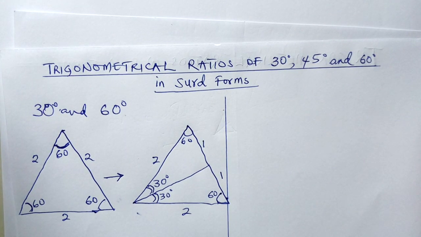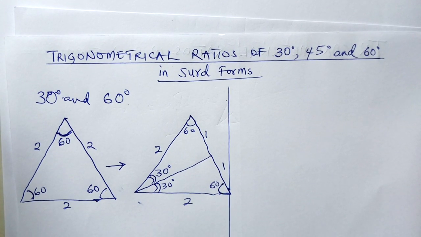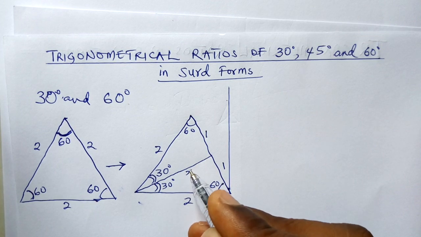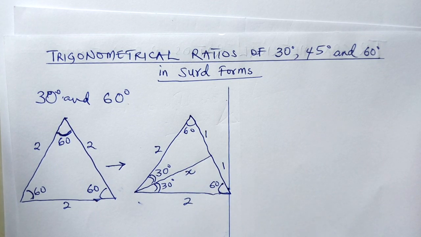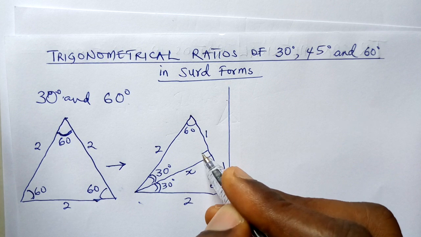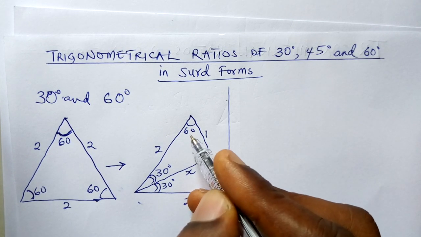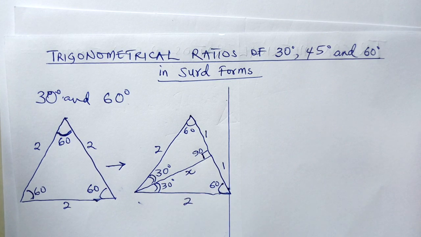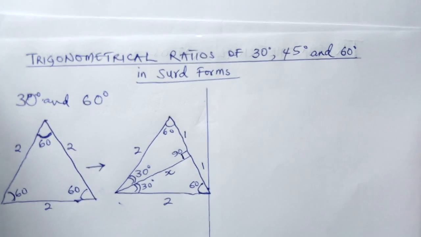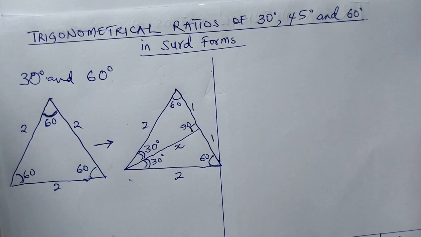Now, from here, to generate this line x, we know that this angle here is 90 degrees. So that 90 plus 60 plus 30 is 180, angles in a triangle sum up to 180 degrees.